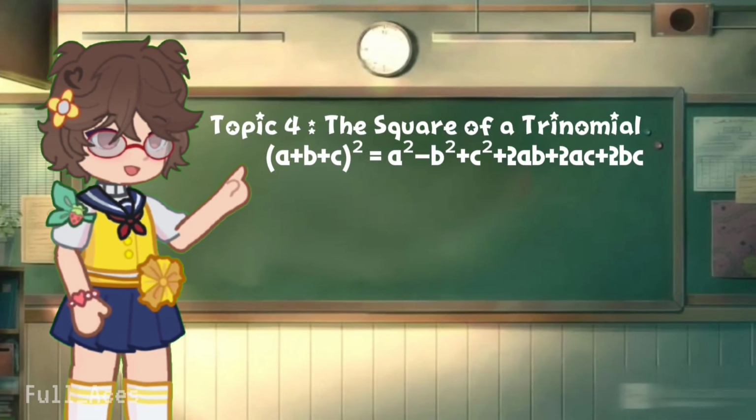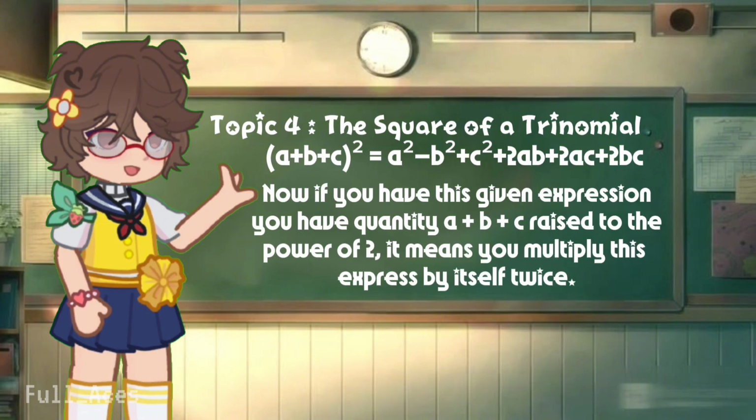Topic 4. The square of a trinomial. Now, if you have this given expression, the quantity a plus b plus c raised to the power of 2, it means you multiply this expression by itself twice.